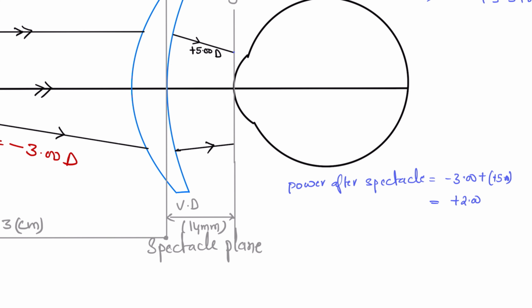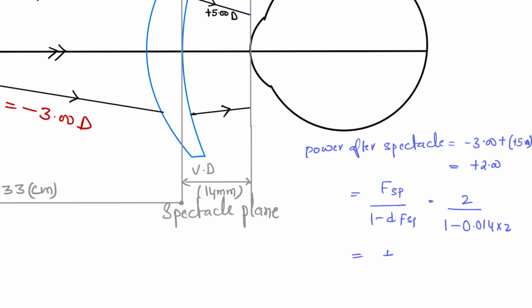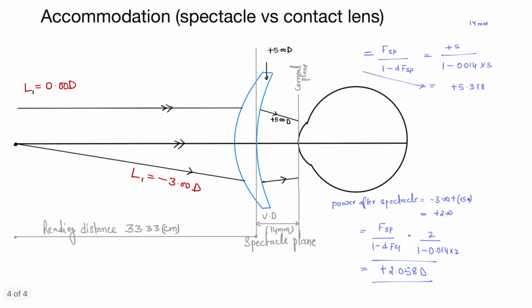The amount of power received at the corneal plane will be given by the same vertex distance formula, which will be equal to FSP over 1 minus D times FSP, so 2 over 1 minus 0.014 multiplied by 2, which will be equal to plus 2.058 diopter.